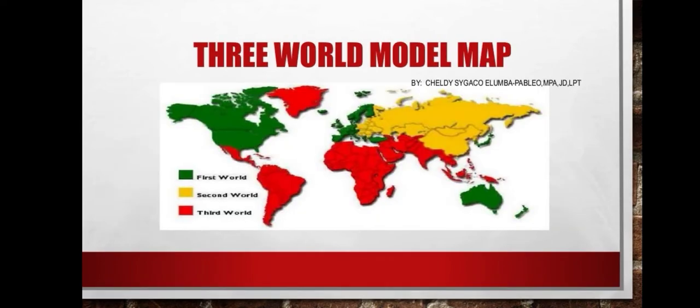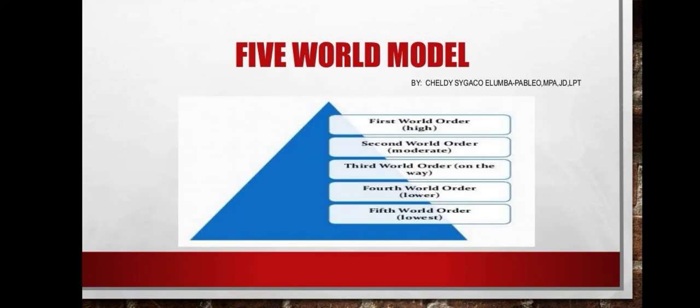The three world model map. So this is how they classify the three world model map. The first world, which you can see from the map, is in green color. The second world is in yellow color, and the third world is in red color. So the five world model is a different classification from the three world model map.